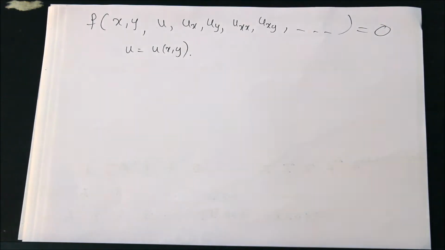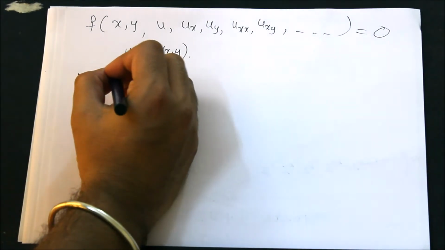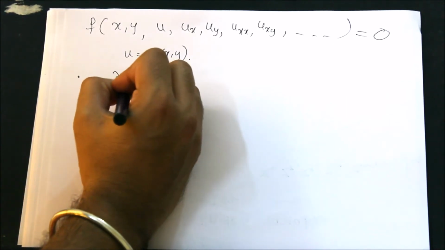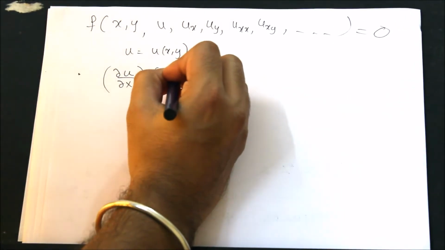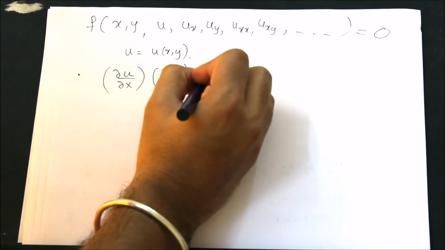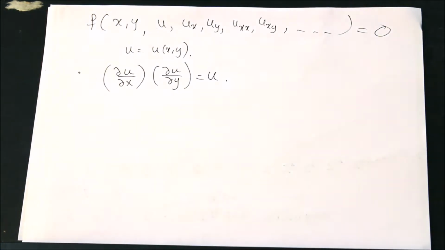Now suppose I give you the partial derivative of u with respect to x times the partial derivative of u with respect to y is equal to u. This is a non-linear differential equation. You can see my previous session and realize that this is not linear, because the highest order is 1 and the coefficient of the highest order contains a partial derivative.